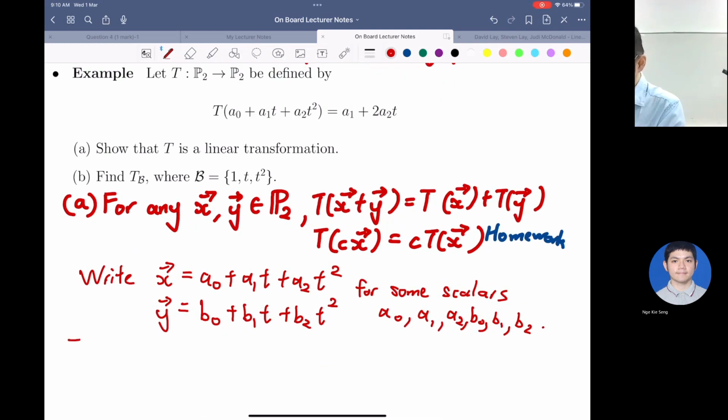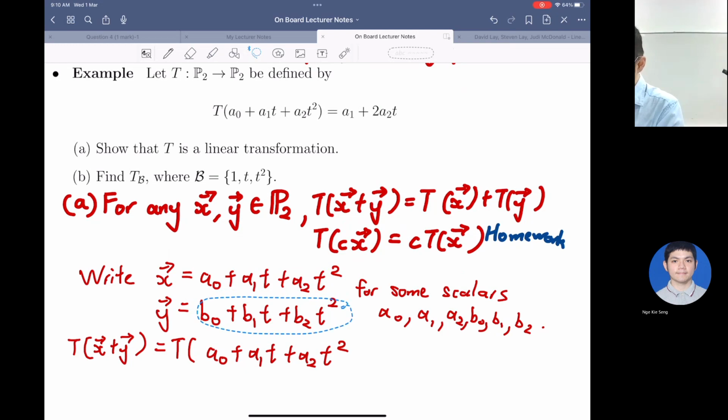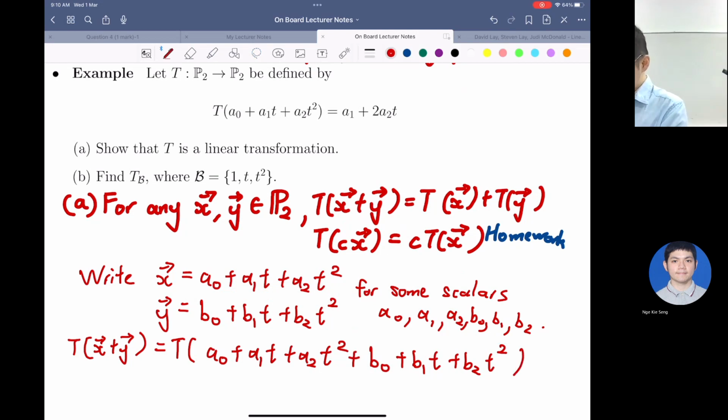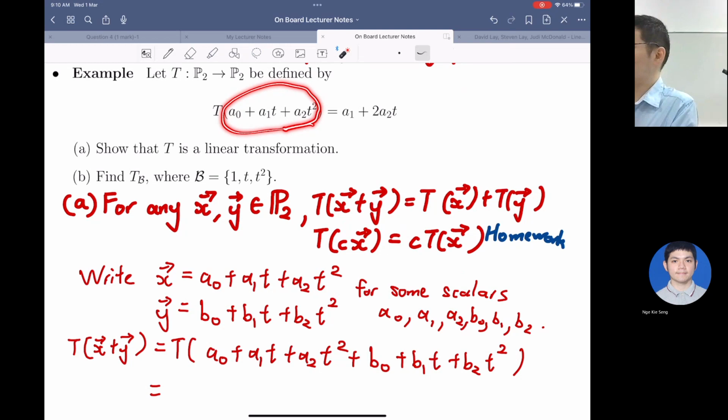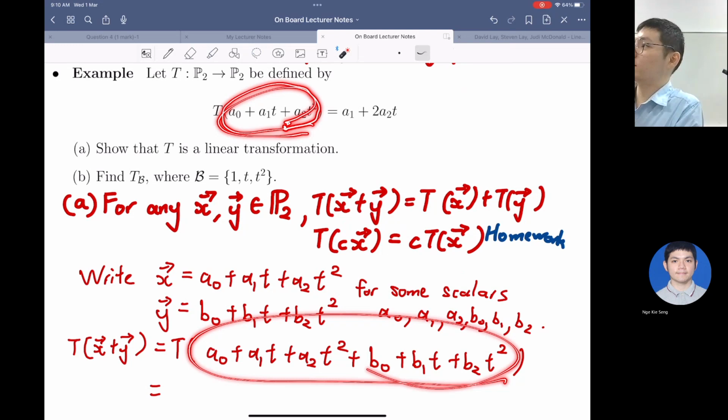So what is T(x plus y)? You really just add up two vectors. Can you do T on this long thing yet? You only know how to do it with a three-term summation, so you need to make your element into this kind of form first.